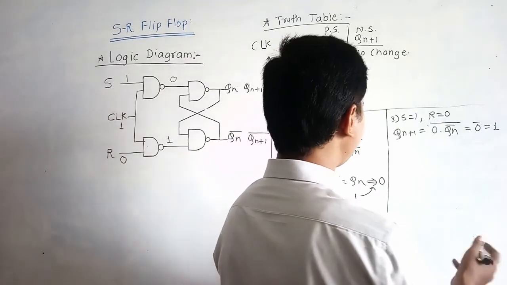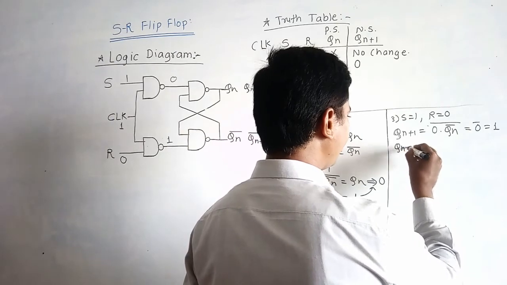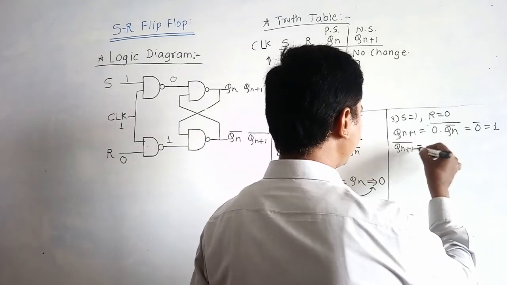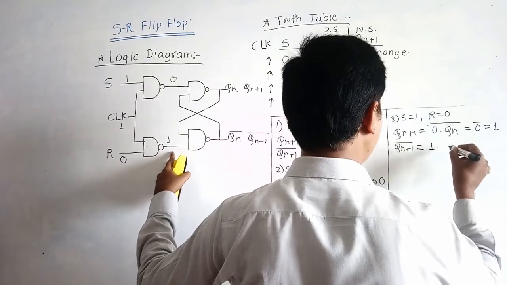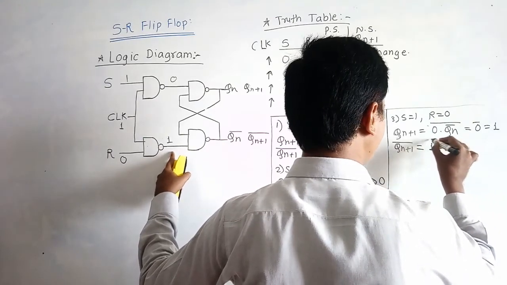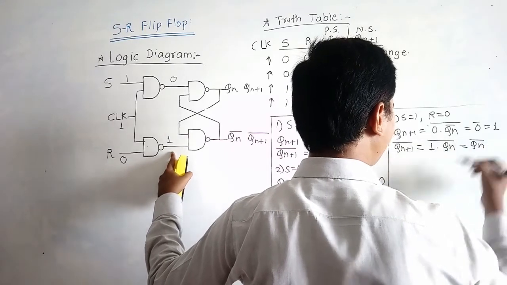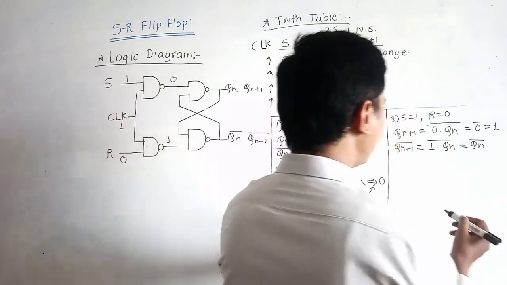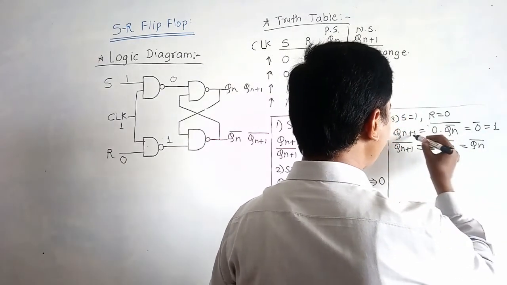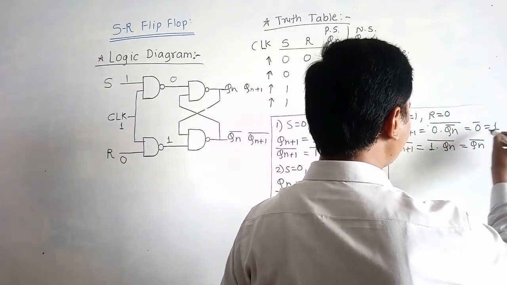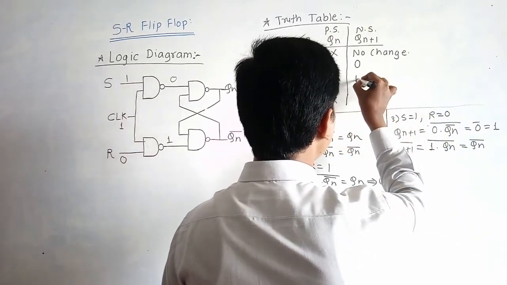But if you are interested to calculate that, then you can also: Qn+1 bar is equal to 1 dot Qn whole bar, so here Qn bar. But actually if we are interested in Qn+1, then Qn+1 is equal to 1, so we can directly write here 1.